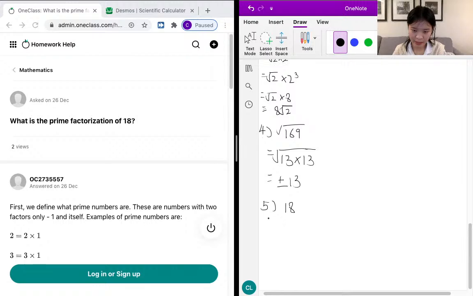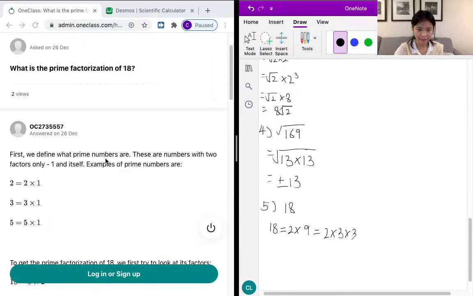We know any number that ends with 2, 4, 6, 8, or 0 has 2 as a factor. So 18 is 2 times a number, and 18 over 2 is 9, so 18 is 2 times 9. We also know 9 is 3 times 3, so we have 2 times 3 times 3, and that's the prime factorization of 18.